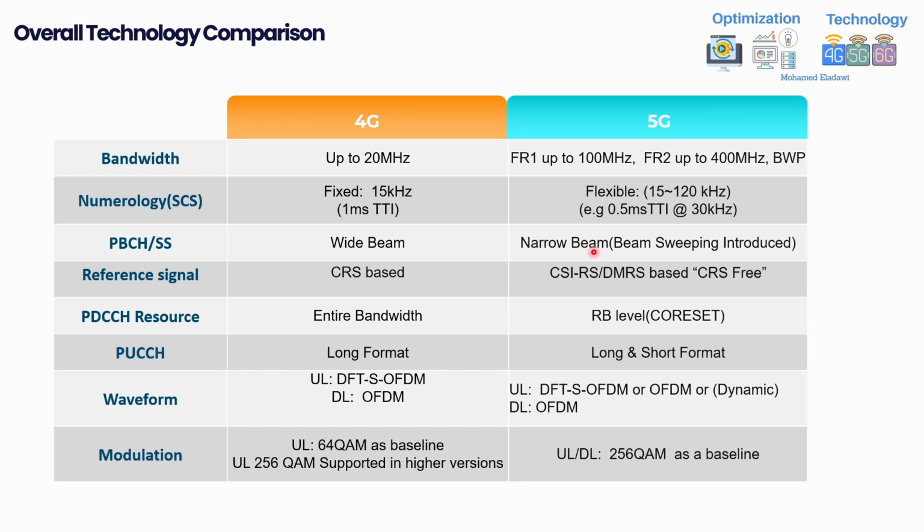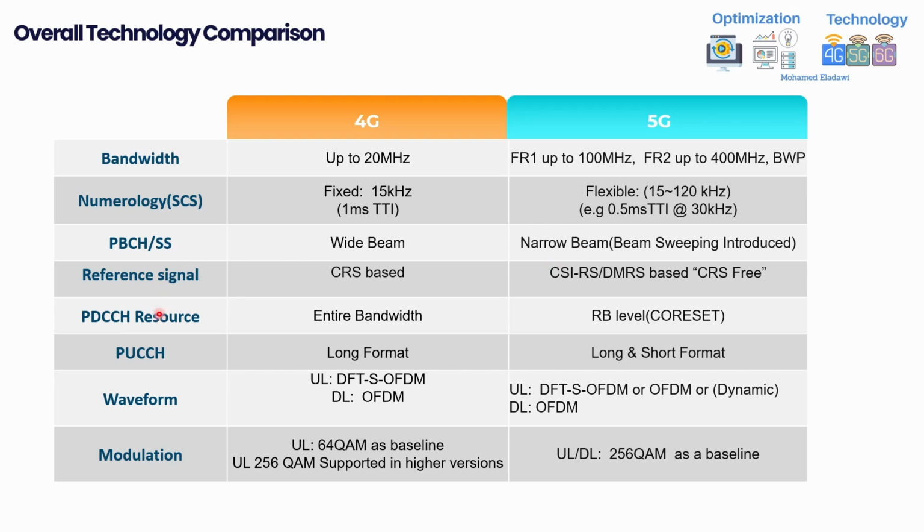This is called SSB beam sweeping, because now in 5G the broadcast channel is part of the synchronization signal block, and that's why we have this beam sweeping introduced in 5G, which results in narrower beams and accordingly can improve the coverage and also the quality. We'll address this part in the next slides.